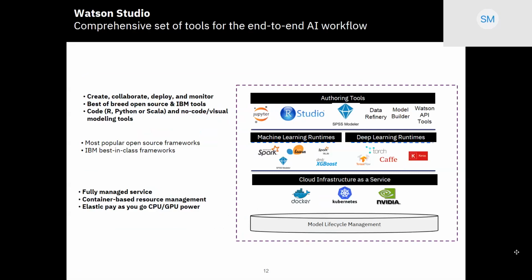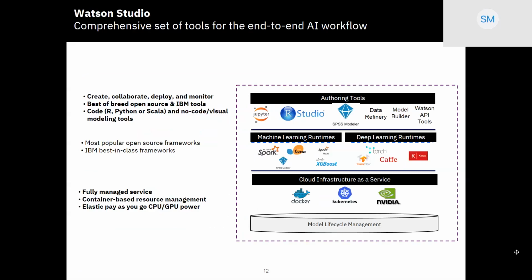Visual insights, basically image insight, where you can use TensorFlow for developing your neural network. And then you also have the cloud infrastructure services like Docker, Kubernetes, and NVIDIA, right?